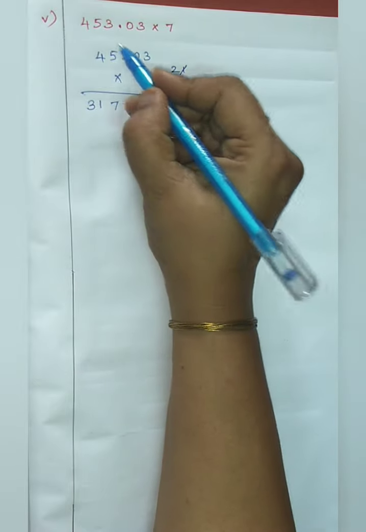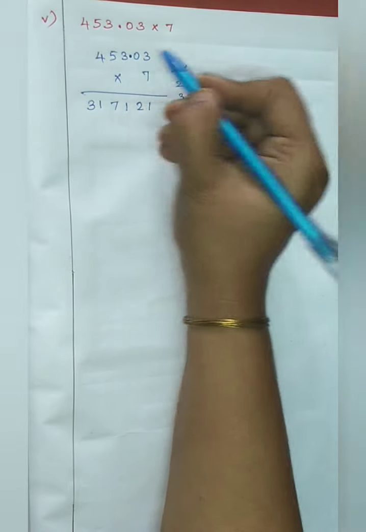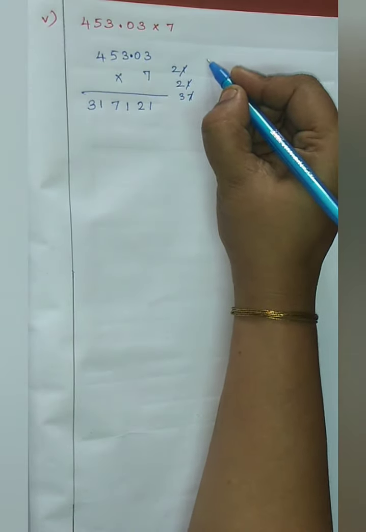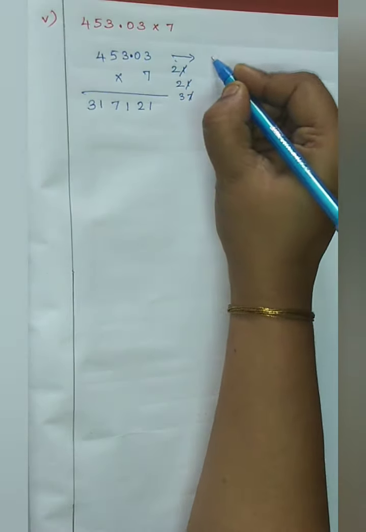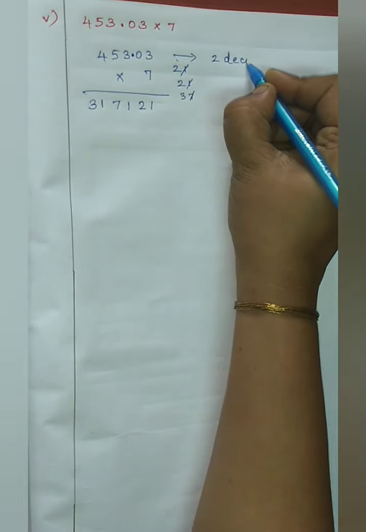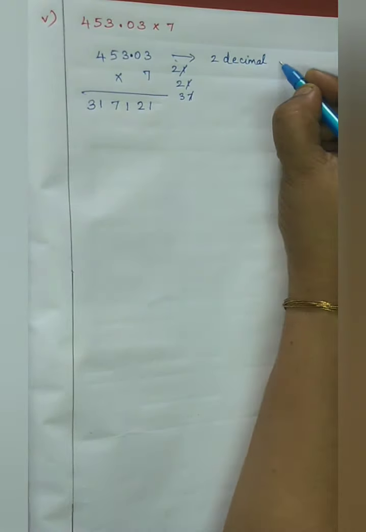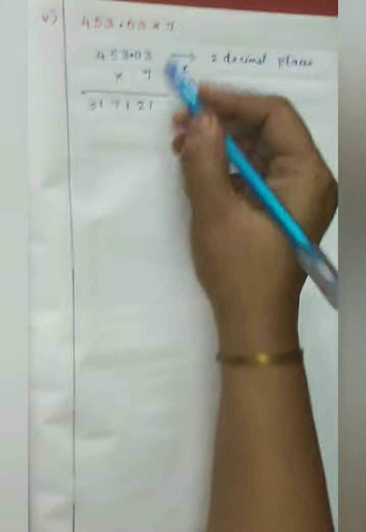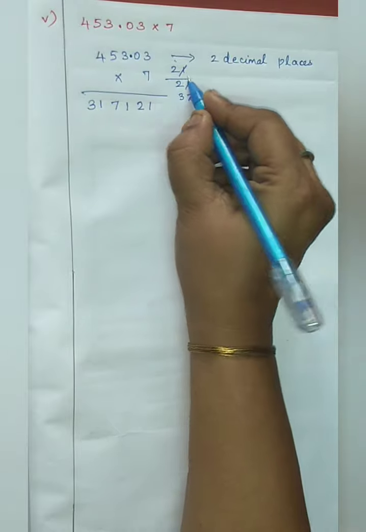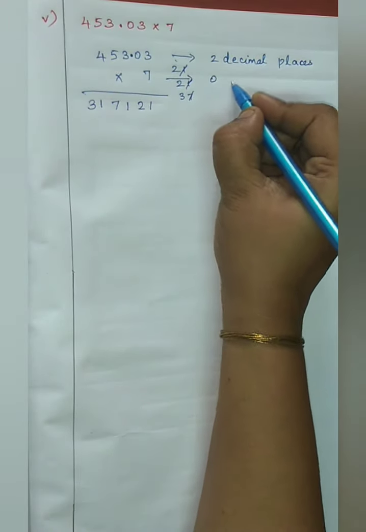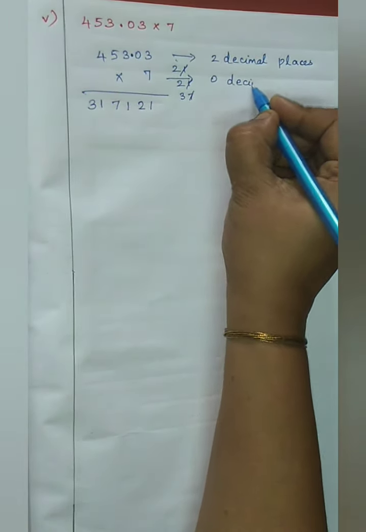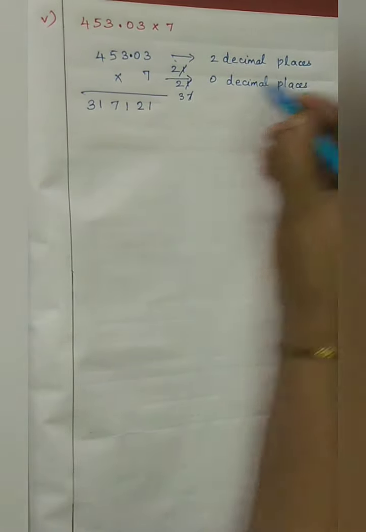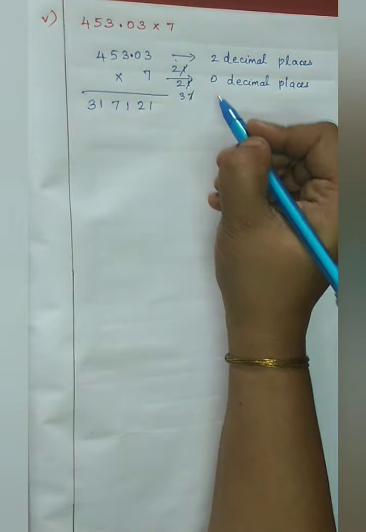In the first number, between 3 and 0, we have a decimal point. And how many decimal places does it have? 2 decimal places. And the next number is a whole number, so it has 0 decimal places. So add these two, 2 plus 0, 2.